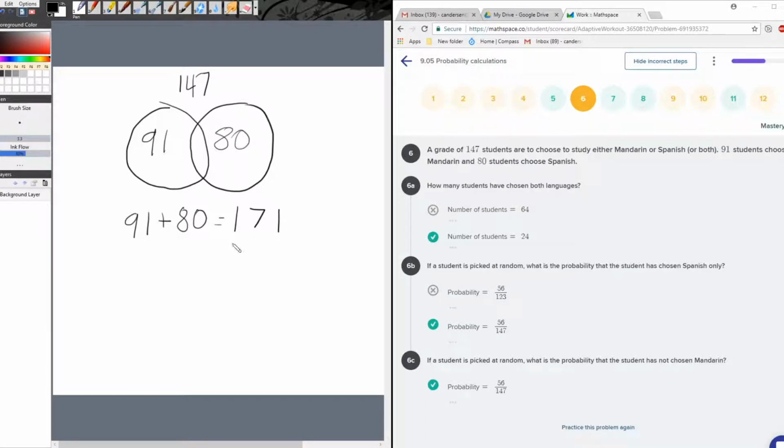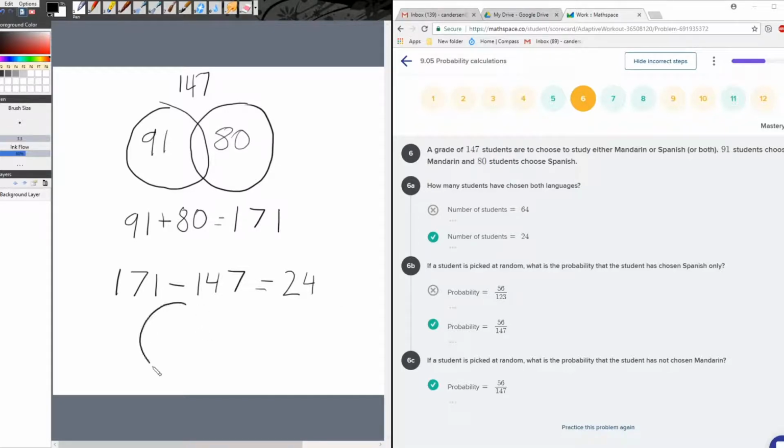So we can take 171 and minus the total, 147. Now, that equals 24. So this means that there's 24 people we've counted twice, so there's 24 people in the middle here.